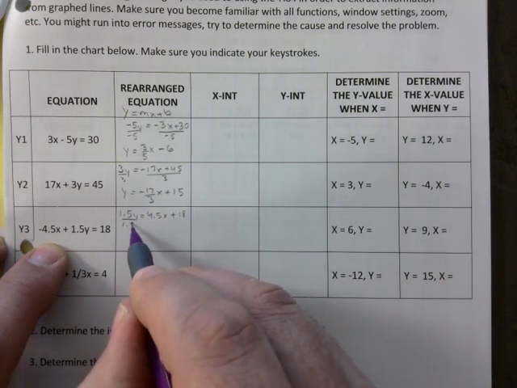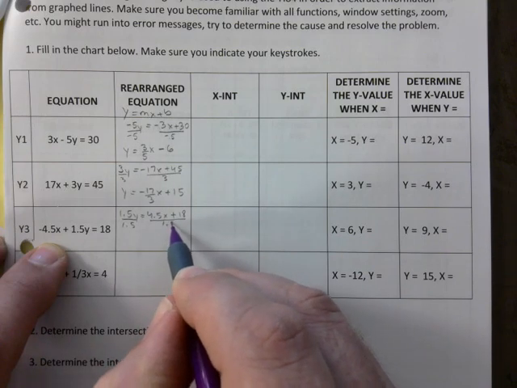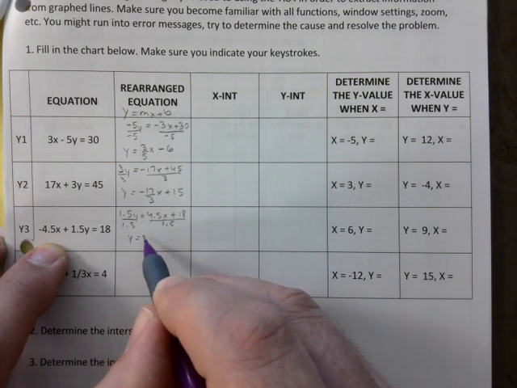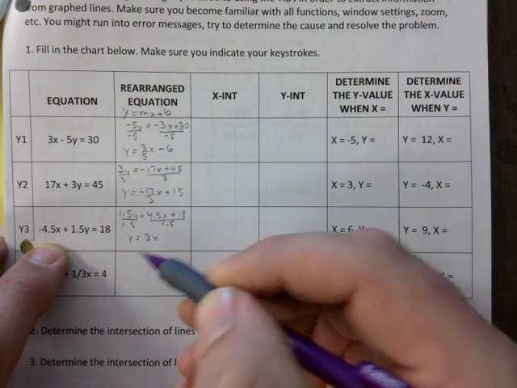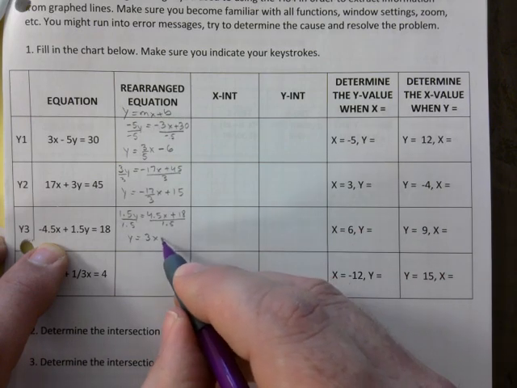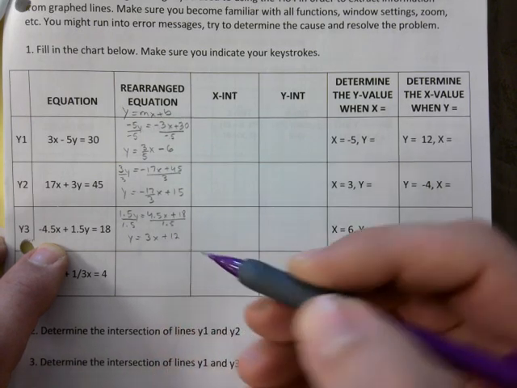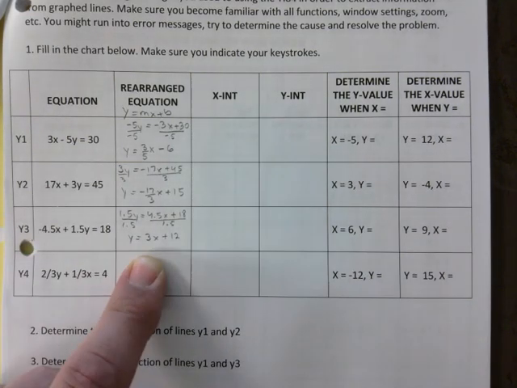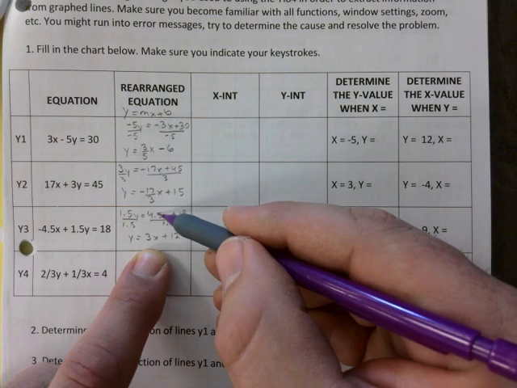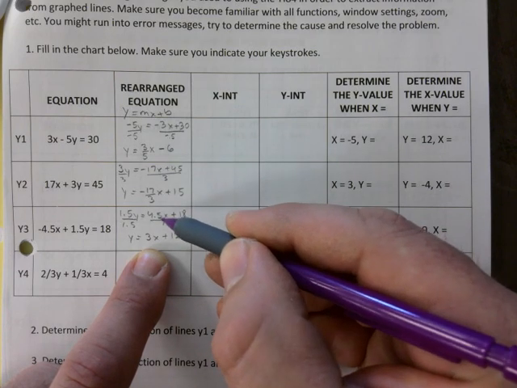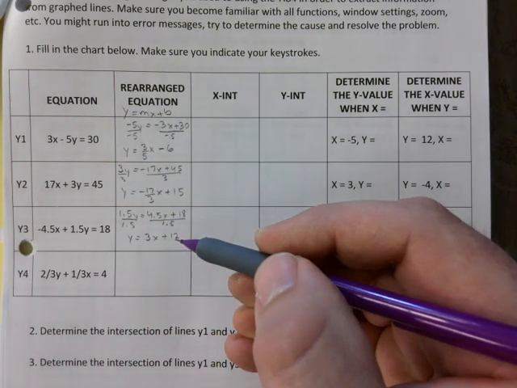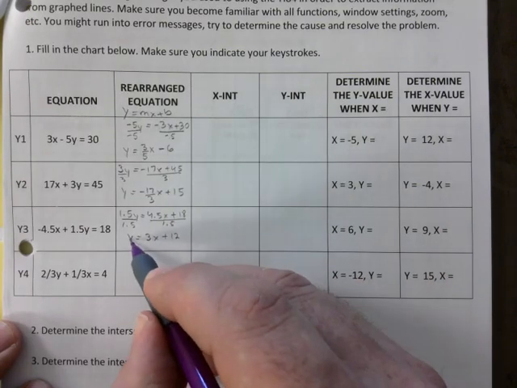Divide everything by 1.5. Y is equal to 3x plus 12. In this case, it just works out. If not, leave it as a fraction. As weird as it sounds, like you go 4.5 over 1.2, whatever it is, just leave it like that. That's how you're going to enter it into your calculator.